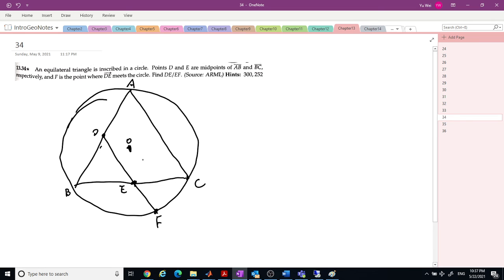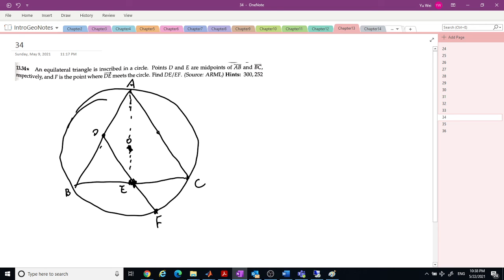Okay, because E is the midpoint, right? So we know A, O, E must be collinear and the height, right?